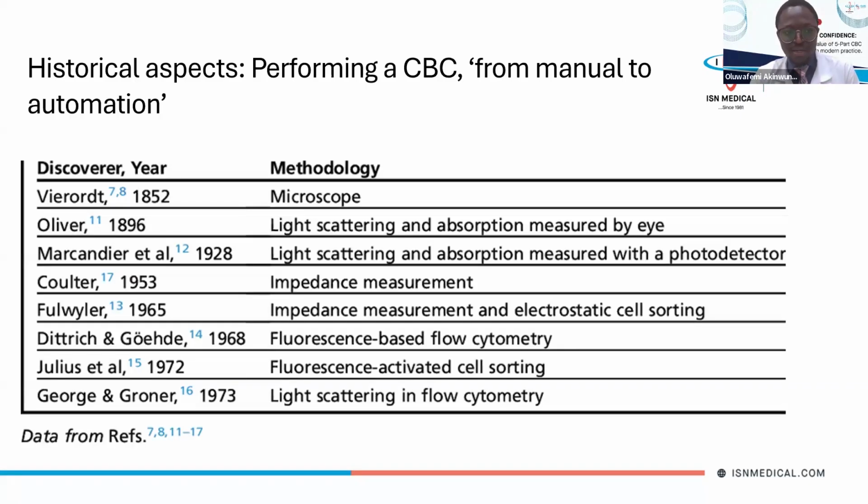After that particular episode, a number of further technological advances happened, culminating in fluorescence-based flow cytometry. Today is not for flow cytometry; I believe that will come another time. But the major improvements in technology with respect to automated CBC measurement came with Coulter and his brother.